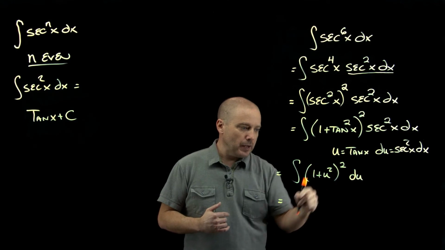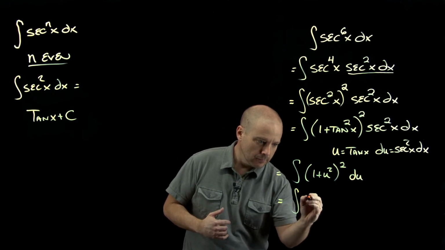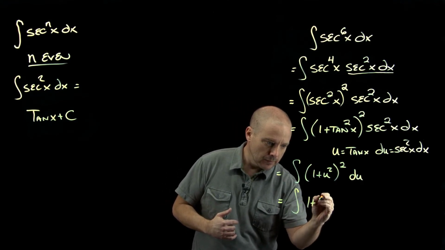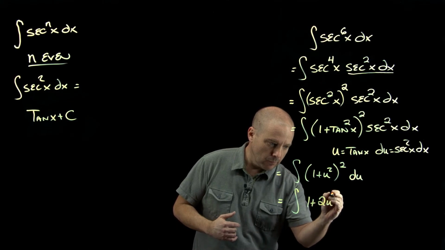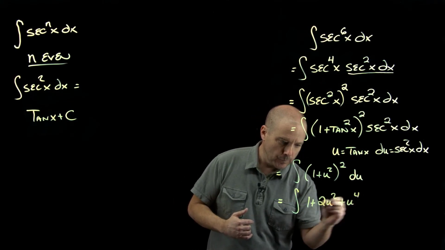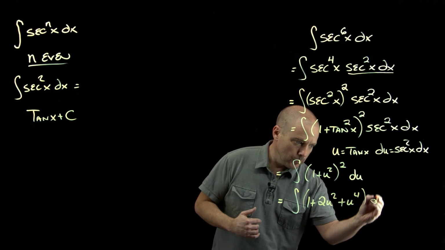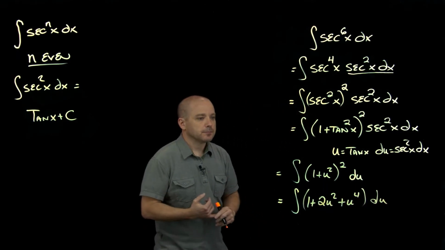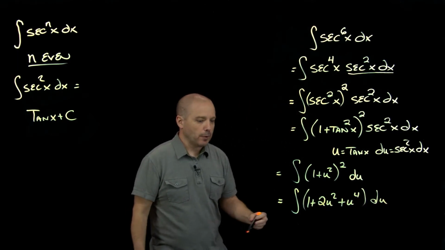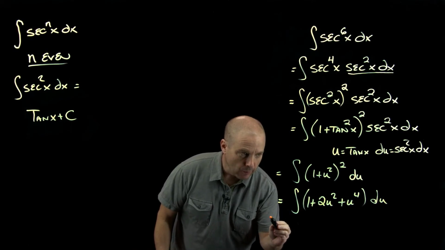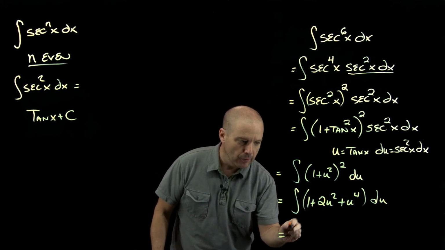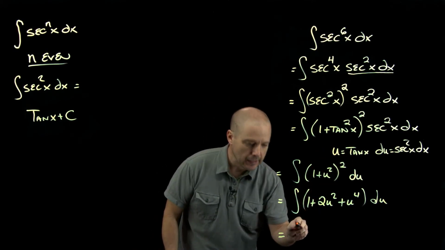Now, this is just a polynomial. Go ahead and FOIL that out. And now we can just integrate by power rule and return to our original variable. So the integral of 1 would be u, which is tangent.